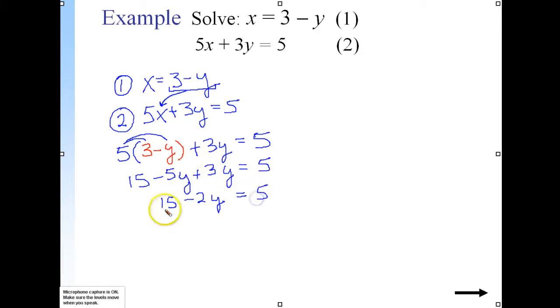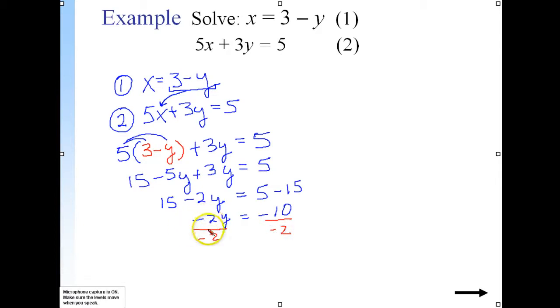I'm going to take my 15, bring it over to the other side. On this side, it becomes a negative 15, which leaves me then on this side with a negative 10. And I'm going to have a negative 2y on this side. So now I'm going to divide both sides by a negative 2.